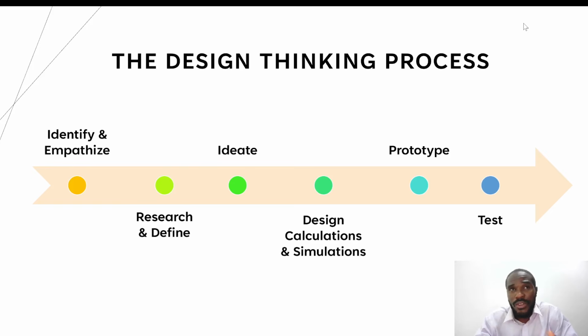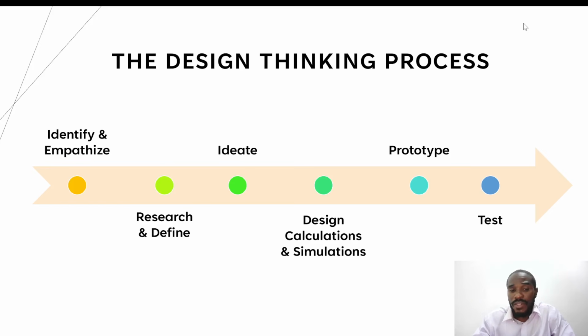So when you do that research to look at all the theories involved in that problem, and what people have done before in attempting to solve that problem, how they were successful, what they couldn't be successful with, and all of that, then you can now sit down and define properly the aim of your design thinking process, right? So what exactly are you setting out to achieve? What are you hoping to solve?